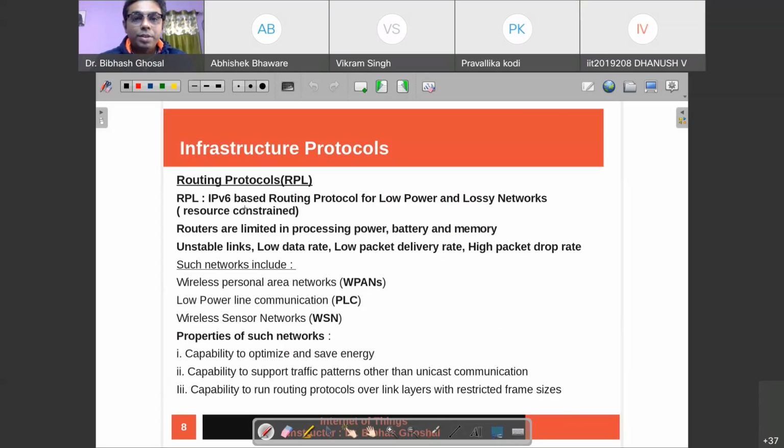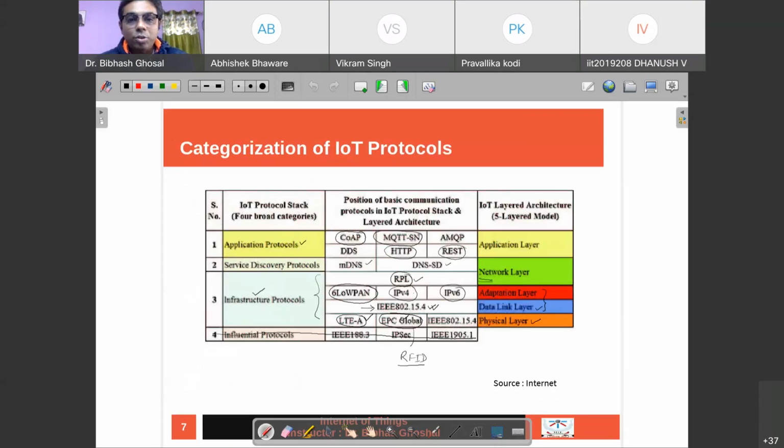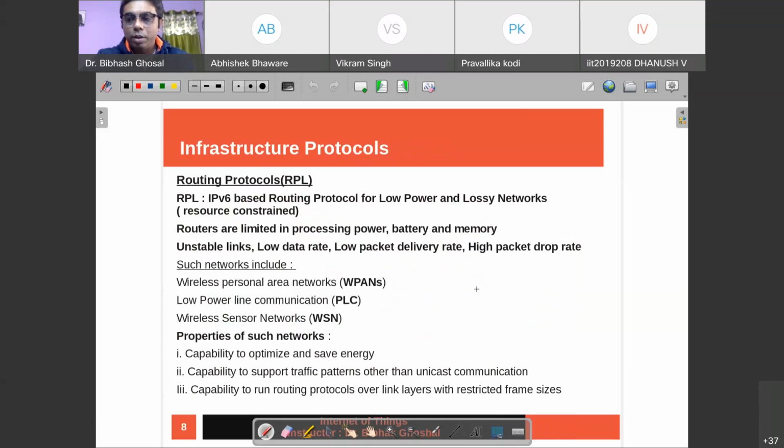Just go back to the previous slide and you see RPL is an infrastructure protocol that handles the network layer. Its job is basically to obtain the data from the devices or things and then pass it on to the higher layers, to the router which will actually be putting it into the internet. So how are you going to design that?